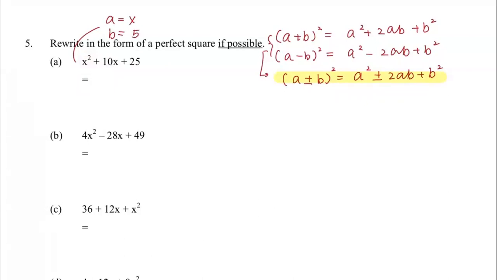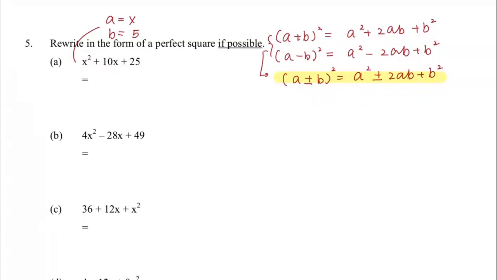And we have 2ab here. Now our last step is to verify whether 10x is equal to 2 times x times 5. If it is, then this expression is exactly of the form a squared plus 2ab plus b squared, right?